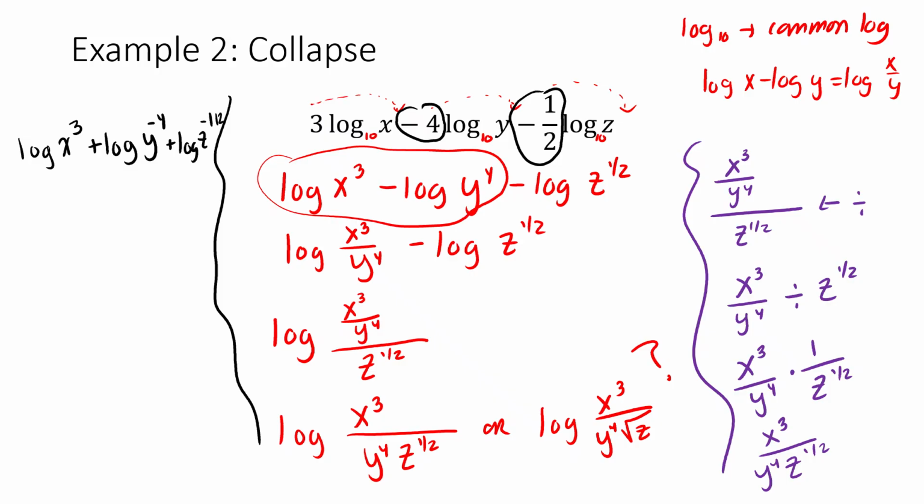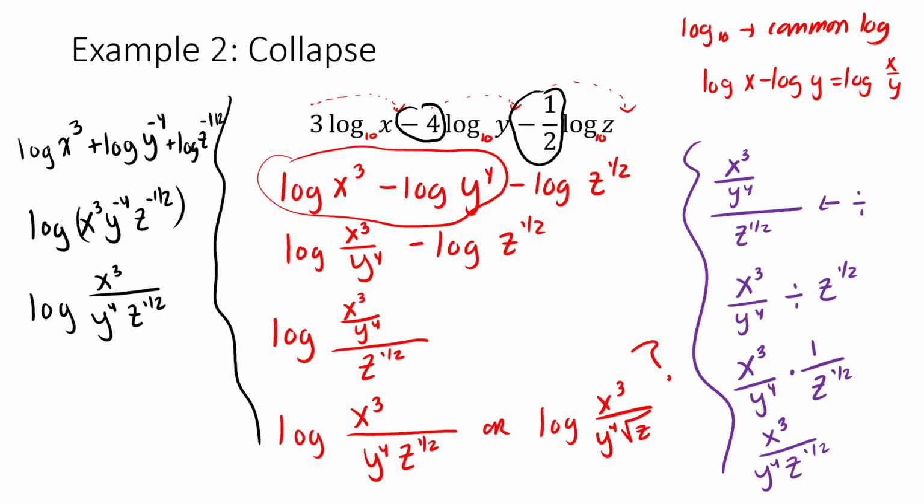Now, when you are adding all the logarithms together, you would get log x to the third, y to the -4th, z to the -1/2. And now you can use your laws of exponents, where you know that a negative exponent will dump something into the denominator. And you'll notice that got us to the same spot.